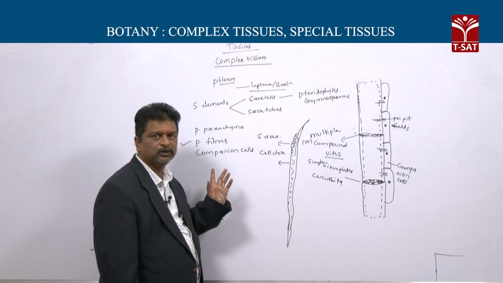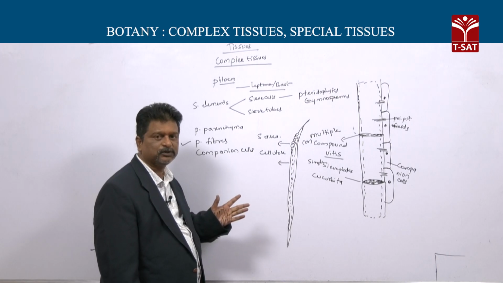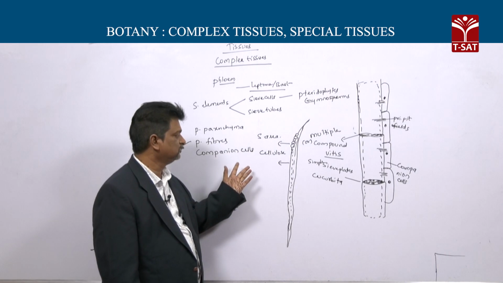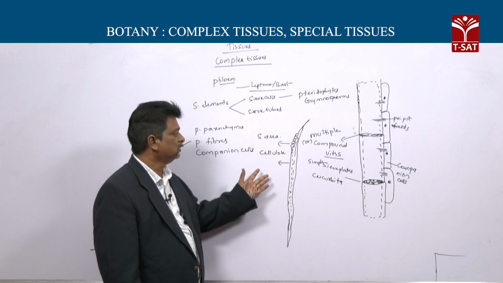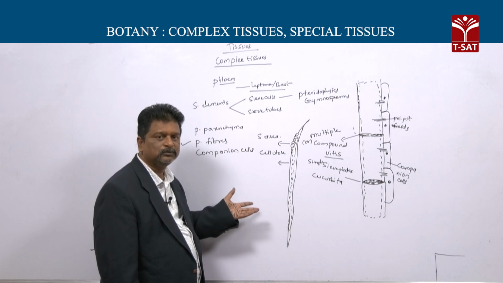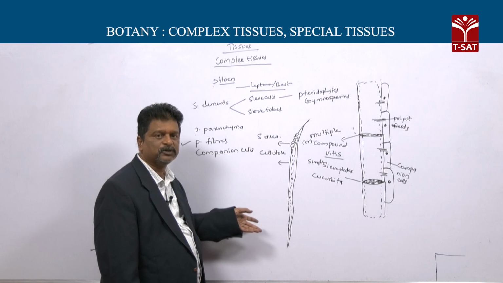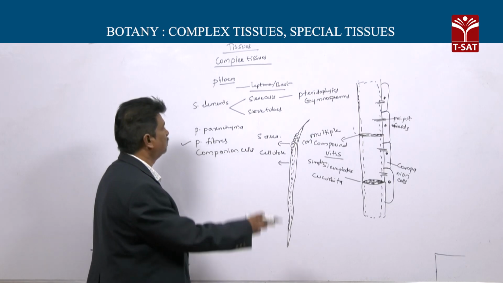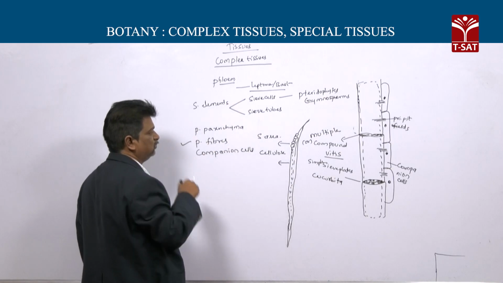In gymnosperms and pteridophytes, these are absent. In pteridophytes and gymnosperms, sieve cells are present. Particularly in gymnosperms, along with the sieve cell, albuminous cells are present. These are sieve cells and sieve tubes.